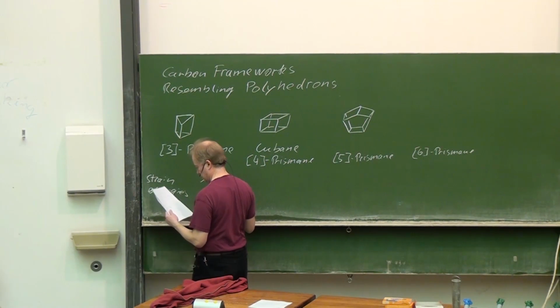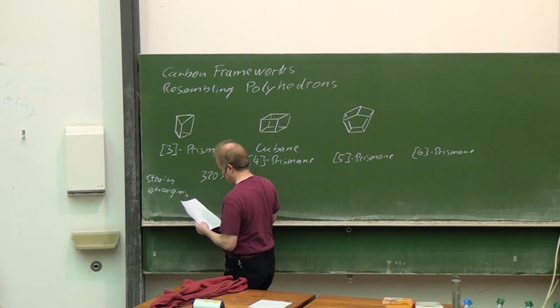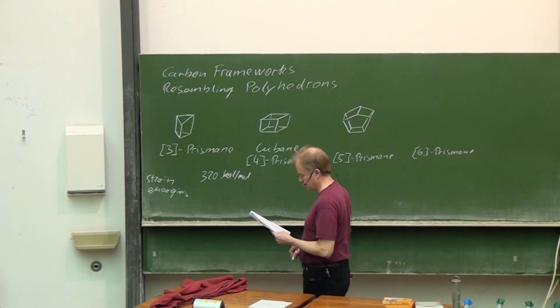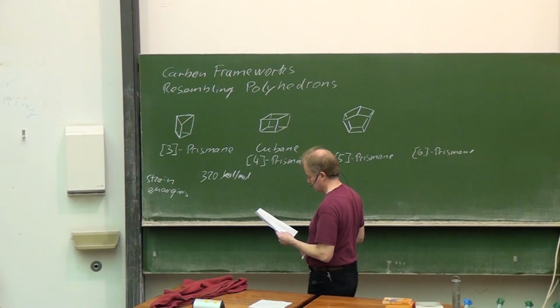320, is that right? kcal per mole for the 3-prismane.